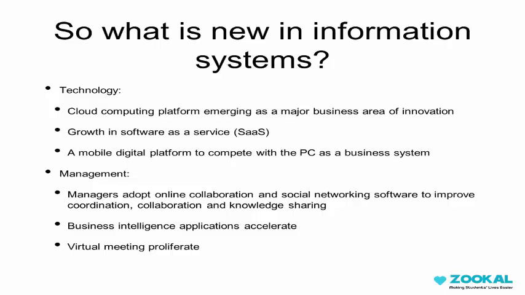Business intelligence applications accelerate. We will look at business intelligence in a few weeks. It'll feature in your second assignment. Don't worry too much about that now. And virtual meetings proliferate. Think of a Skype conference call, it's just like a normal conference call you can do via a cam. You don't even have to be in the same room.